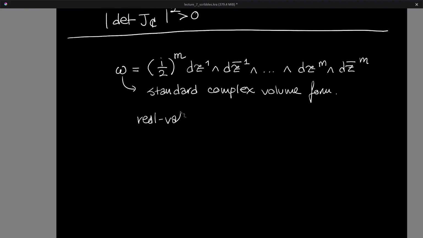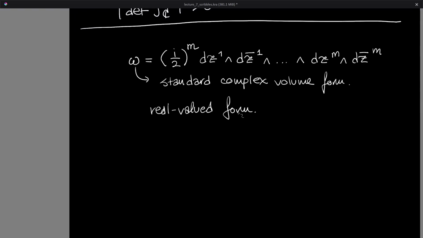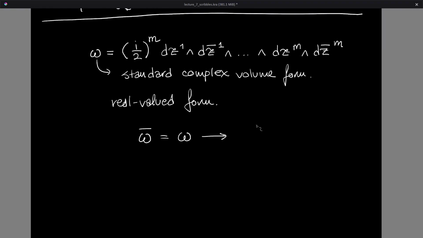It's a real valued form because even though it uses complex numbers and complex values, in fact, if you did the computation, omega bar, the complex conjugate of omega, is actually equal to omega. So it's technically using elements of the complex space, but it's in the subspace of the complex space which is real. So it's a real top degree form.